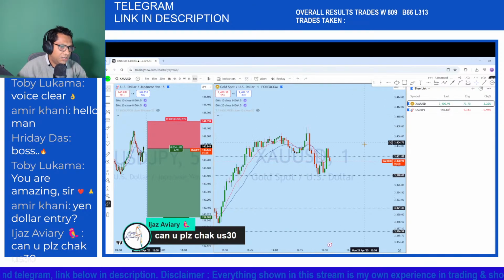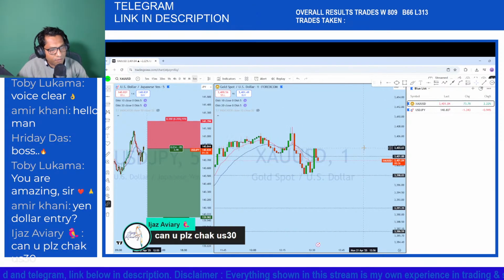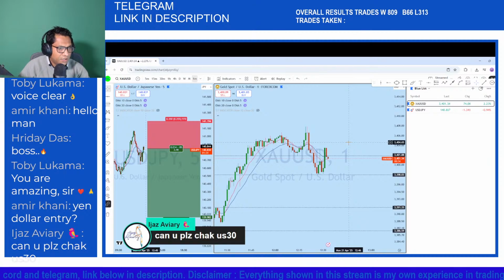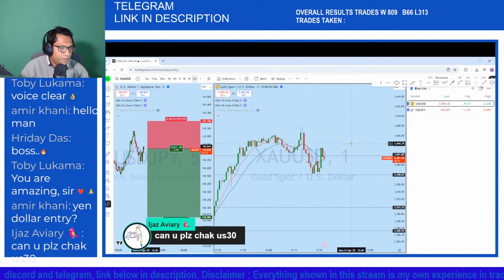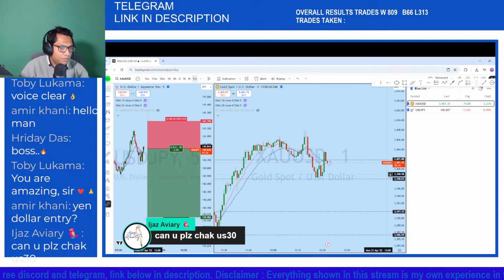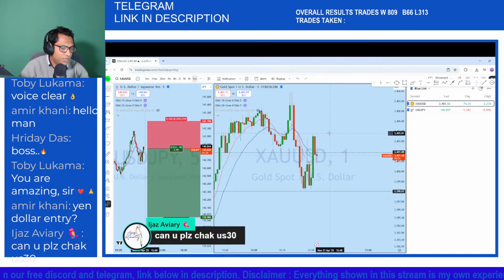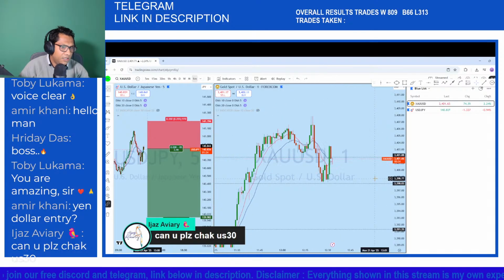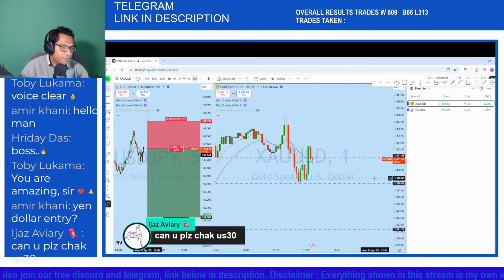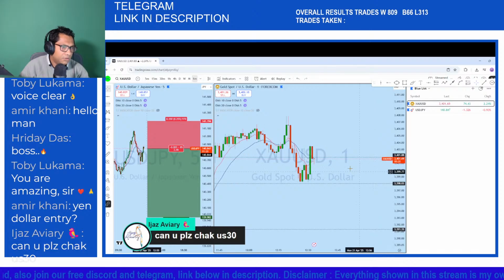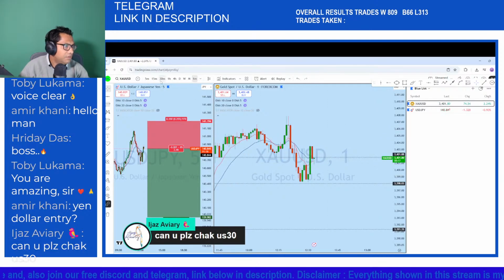While we are looking at XAU USD, it is in a bullish trend in that area. Looking at this zone here, this is the structure formation.